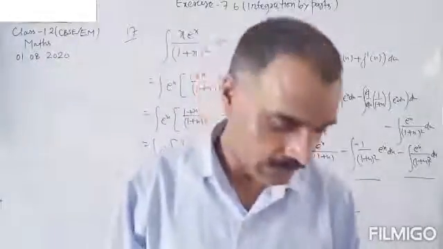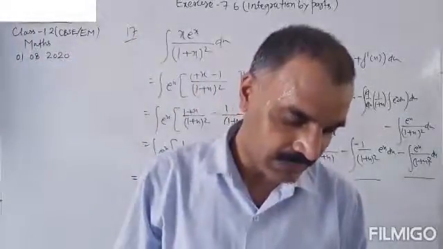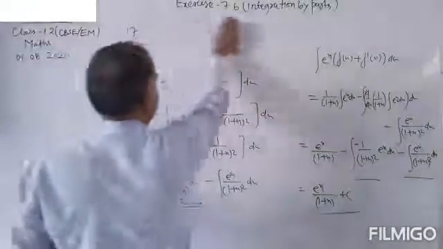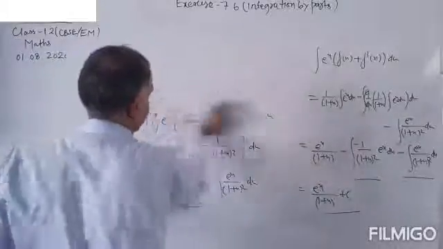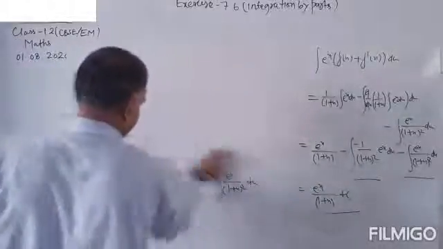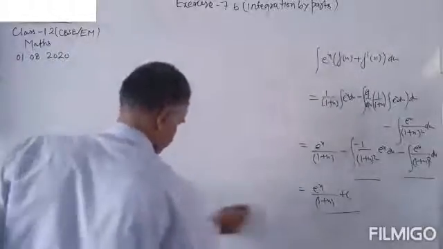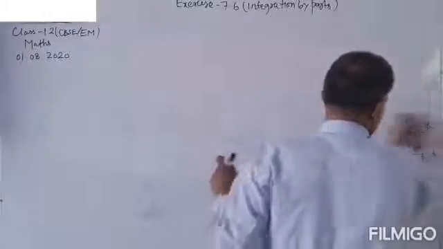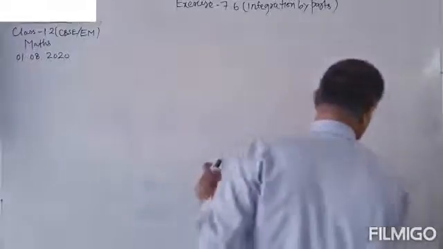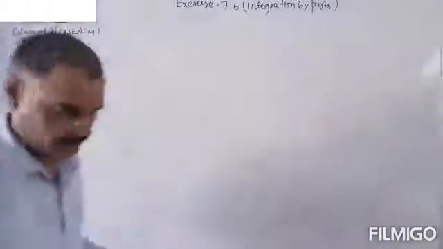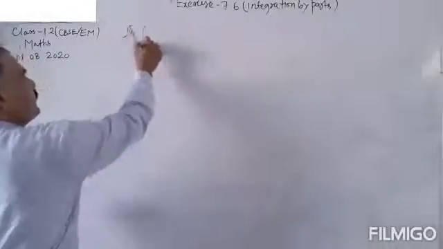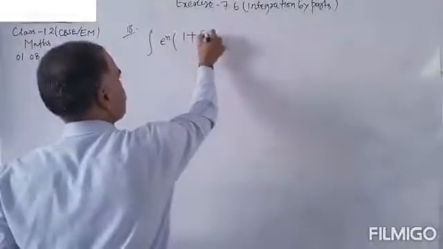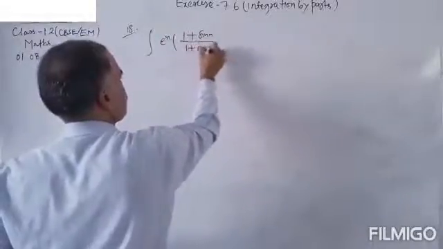Okay, now let us take another question of the same method, that is question number 18. Question number 18 is e to the power x times 1 plus sin x upon 1 plus cos x dx.